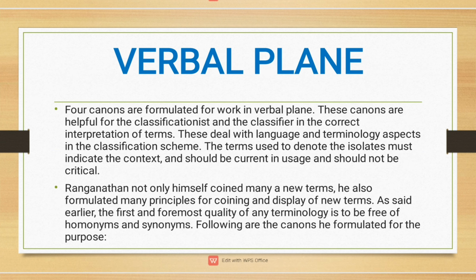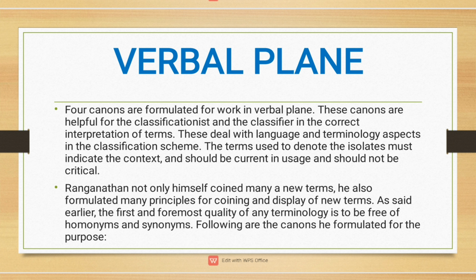Now, second category, verbal plane. Four canons are formulated for work in verbal plane. These canons are helpful for the classificationist and the classifier in the correct interpretation of terms. These deal with language and terminology aspects in the classification scheme. The terms used to denote the isolates must indicate the context and should be current in usage and should not be critical.